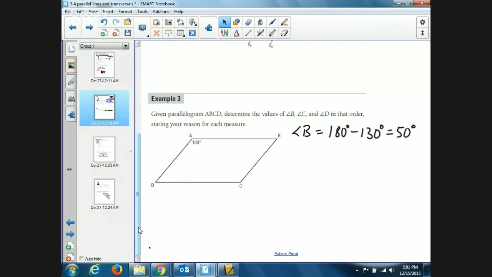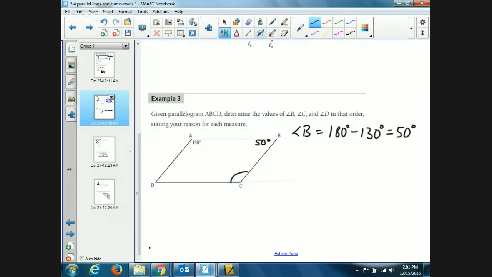Now, there's other ways of doing this, but we have to use the rules anyways, but we got to now find C. Guess what? C, you can consider BC, the line, as a transversal for these two parallel lines because it's a parallelogram. And if we already knew that this is 50 degrees, then we know that it has to be supplementary.